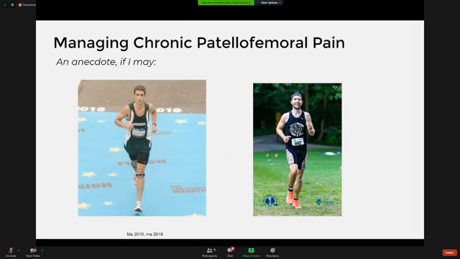My anecdote of running with patellofemoral pain is me before beard in 2010 and me after beard in 2019 is you're going to have some times where you can't stick to the plan. So you can make those good training decisions. You can not skip days in the gym, and then you can still have some bad outcomes sometimes. And so you have to use the treatment strategies that we outlined here, reassess your goals, change the situation.